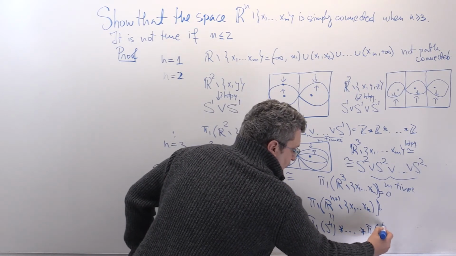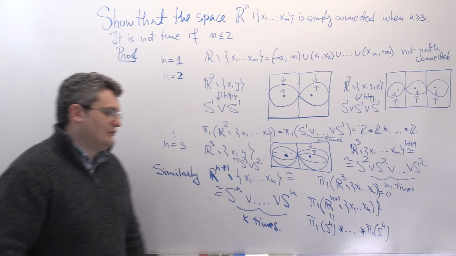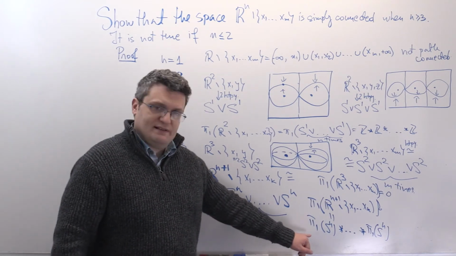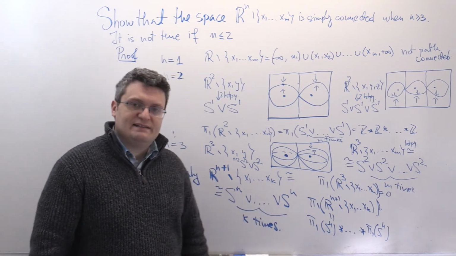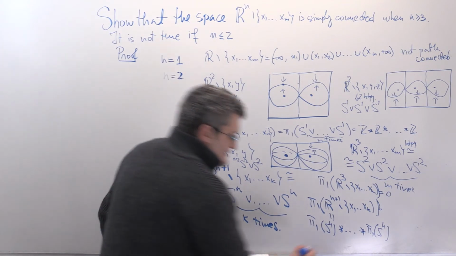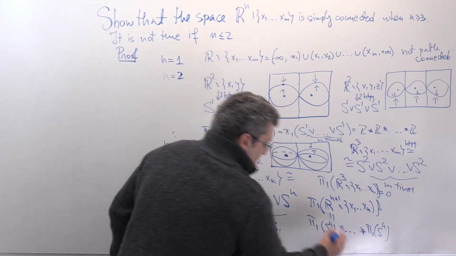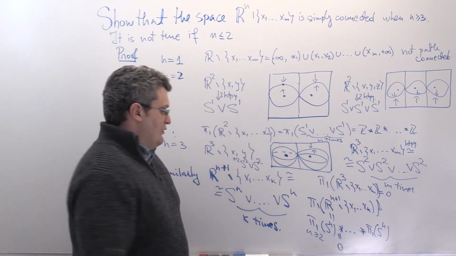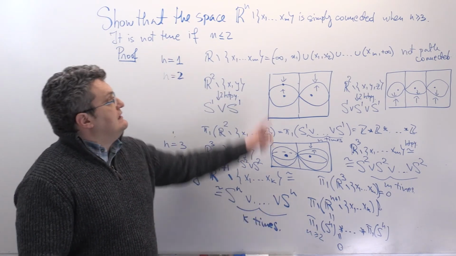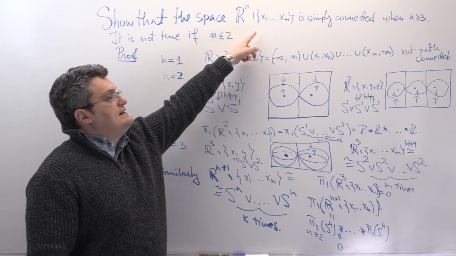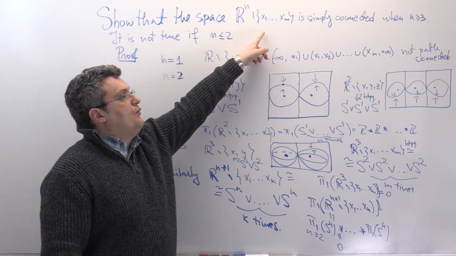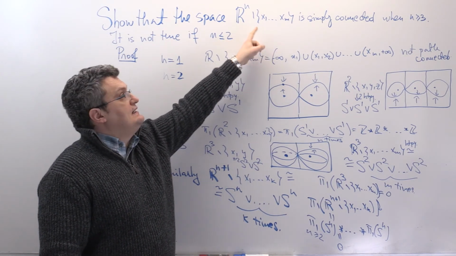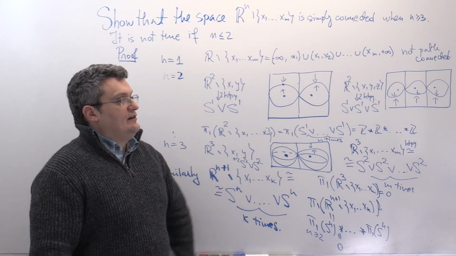And pi1 of Sn, according to our lectures, is 0 if n is greater than or equal to 2. So this is 0 for any n greater than or equal to 2. So in conclusion, the space R^n minus any m points is simply connected if n is greater than or equal to 3.